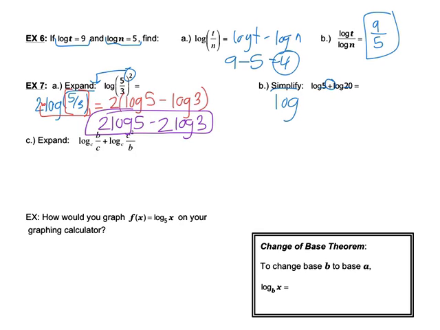If they were being added together, we can write that as the log of 5 times 20. And we can continue simplifying because we know that 5 times 20 is 100. So we've got the log of 100, which we can also simplify because log, remember, is base 10. Log base 10 of 100.